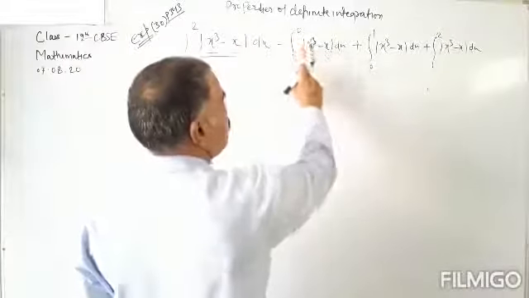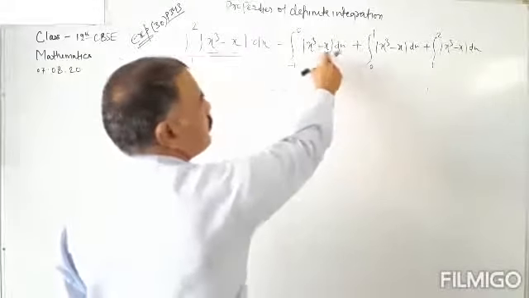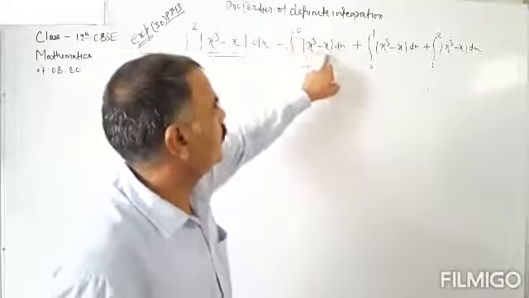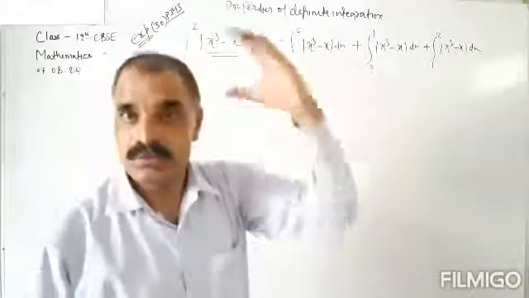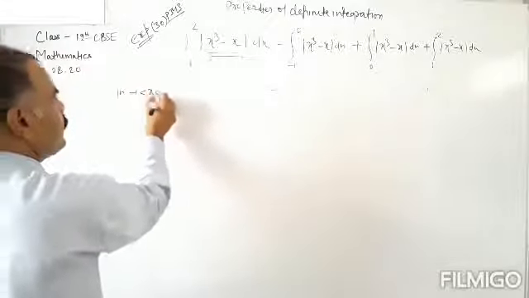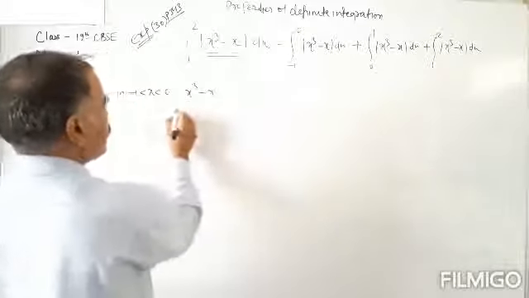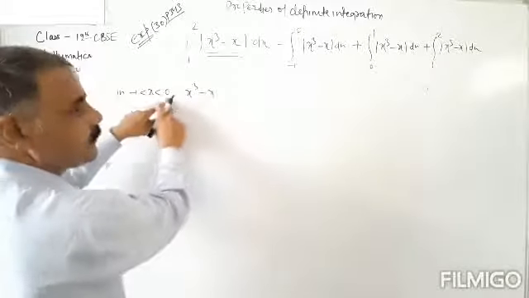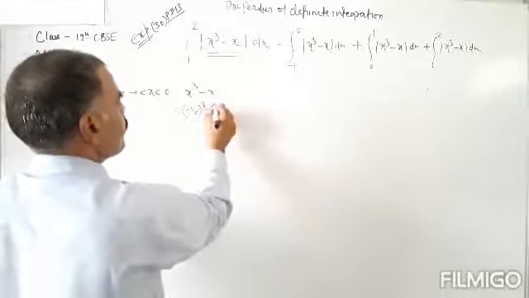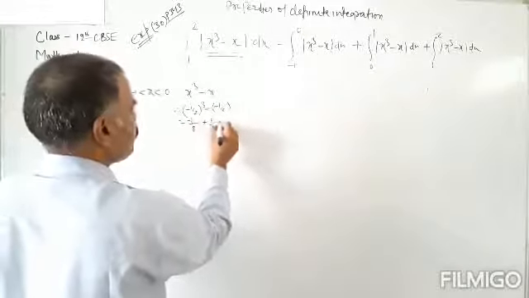Now minus 1 to 0 is the interval, and in this interval the sign of this function is positive. In the interval x greater than minus 1 and less than 0, take x equals minus 1 by 2: minus 1 by 2 cube minus minus 1 by 2, that is minus 1 by 8 plus 1 by 2, which is greater than 0.